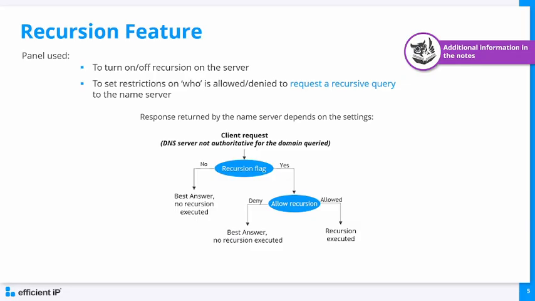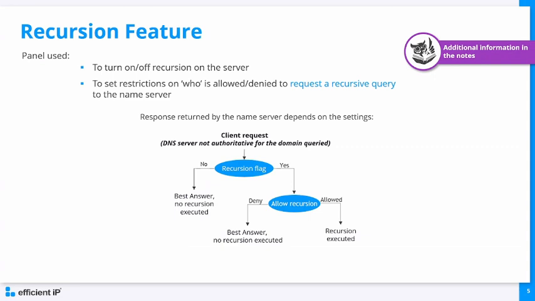Once the DNS server receives the response from the external server, it will cache it, and then serve the response to the client. Understand?